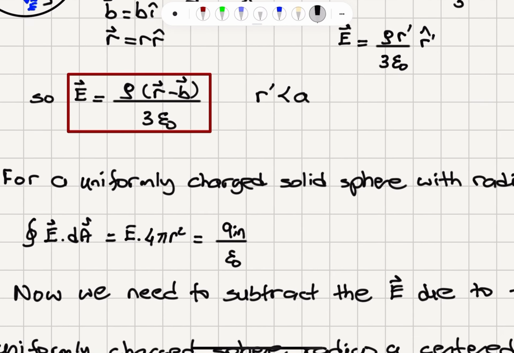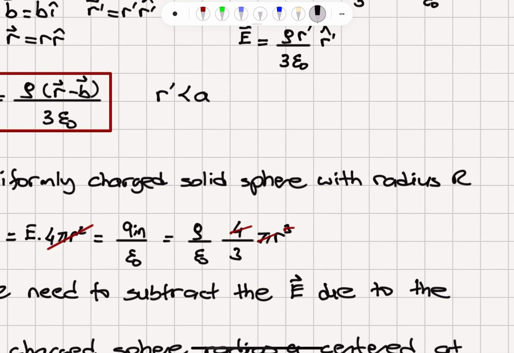And what is the charge enclosed by this Gaussian surface? It's the charge density rho multiplied with 4/3 pi r cubed. So we have rho multiplied with 4/3 pi r cubed and divided by epsilon 0. This must be equal to the net electric flux. And I can see that 4 pi r squared will get rid of the 4 pi and make r cubed into r.